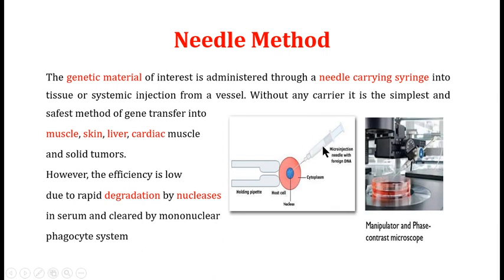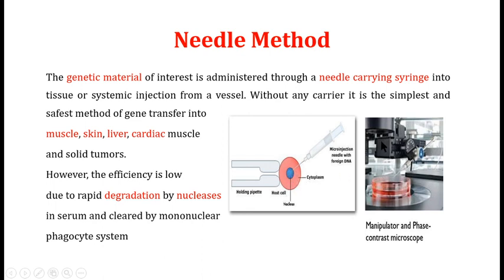If you look at this one, you have this needle, and this needle carries the foreign DNA, and through this syringe we are going to insert our foreign DNA into the cell of interest. These are the holding plates which are holding the host cell, and with the help of this microinjection you are going to introduce your foreign DNA into the cell.